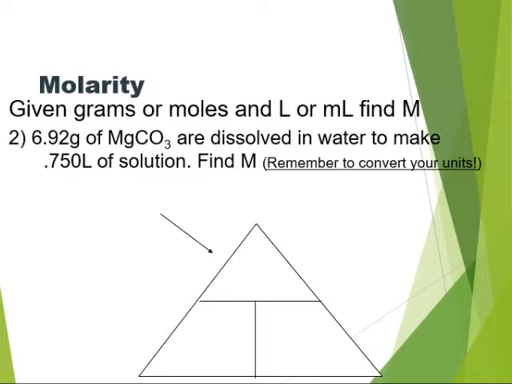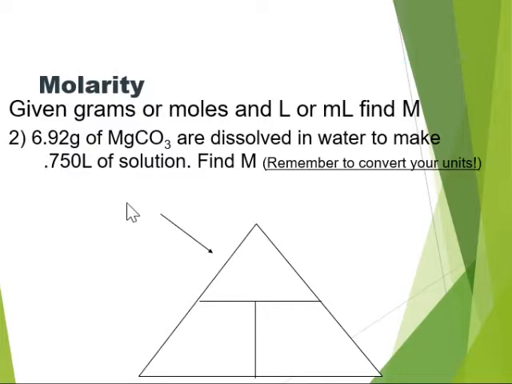If you start with grams, you will need to divide by your molar mass. If you start with moles, you will need to multiply by your molar mass, okay? So that's one thing you can start to remember. If you start with grams, you divide by your molar mass. If you start with moles, you multiply by the molar mass, okay?